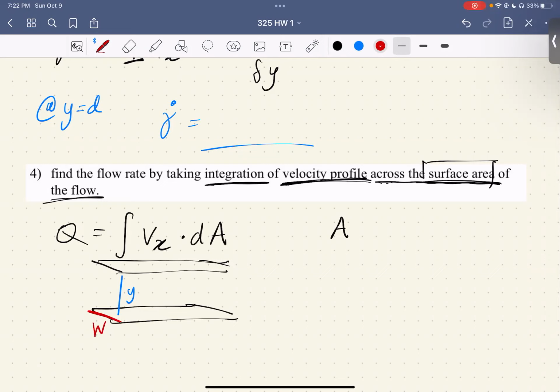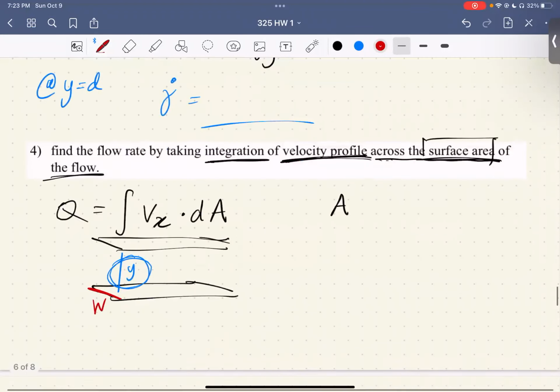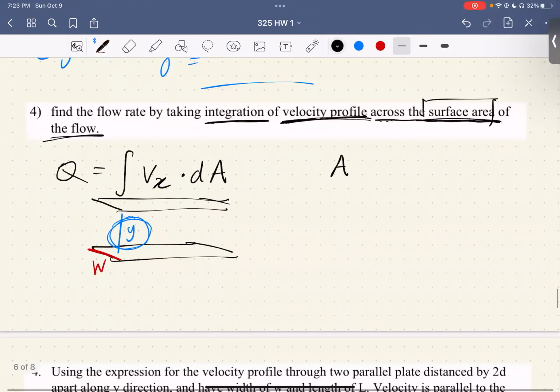And it's important to know that the width itself does not impact flow. What actually impacts flow? The y component. It's what we talked about right over here. The y component is what's important. So we know that the surface area is the y position and the width.